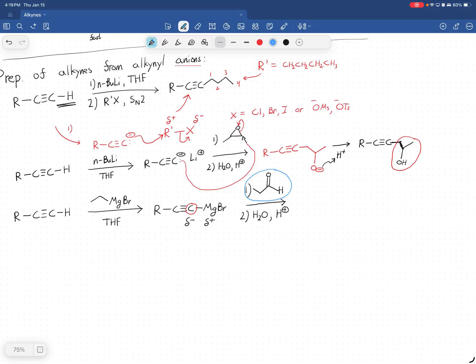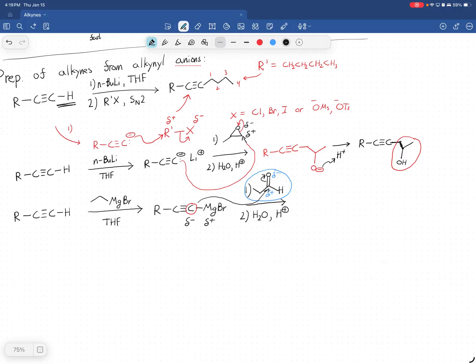How are those two molecules going to attach? The partially negative carbon of the alkyne attacks the carbon that's double bonded to oxygen. Right, so look at where the partial positive and negative charges are. We draw the arrows being attracted to those partial charges, so we attach it like that, just like we did in the epoxide case right here.